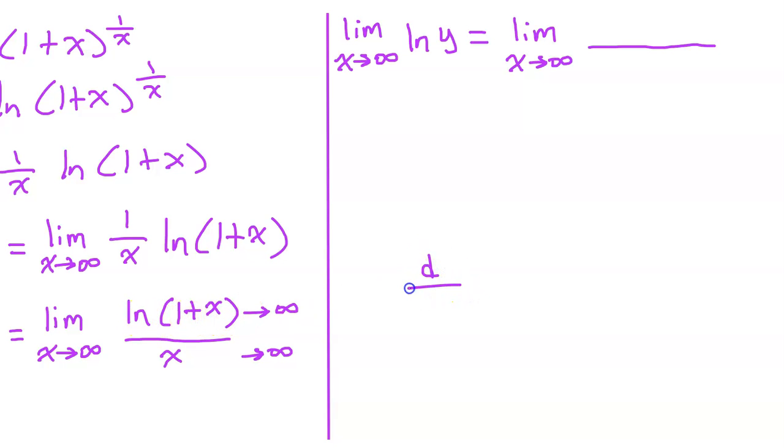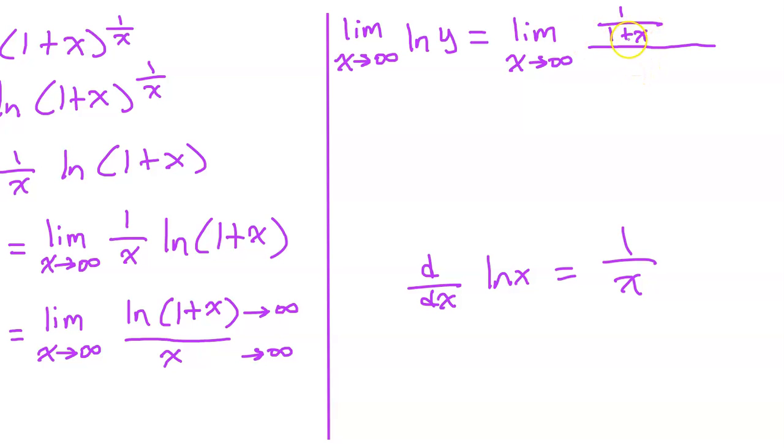We reviewed this on the previous problem, but I'll just say it again. The derivative of natural log x is 1 over x. So the derivative of this natural log will be 1 over something, but it's not just x, it's 1 plus x. So I'm going to put 1 plus x right here.